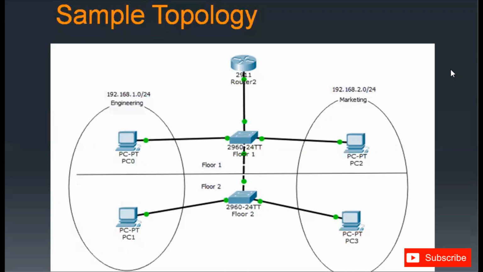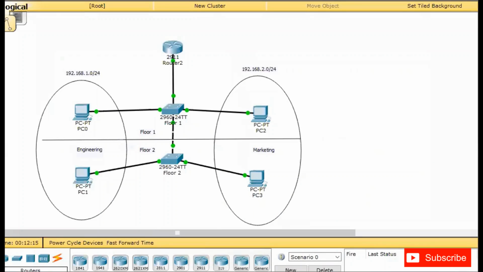So these two departments are gonna get isolated, and there will not be any communication once I assign these ports to different VLANs. All right. Let me move on to the practical session. Okay. Right. So this topology. This is engineering, and this is marketing.